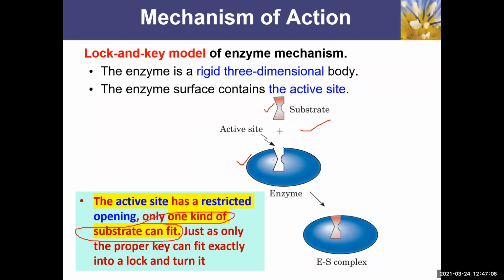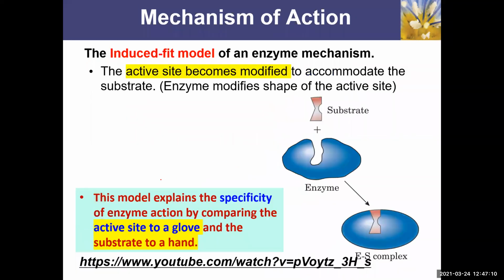Later this was explained by the induced fit model, given by a scientist known as Koshland. What did he say? He said that any conformational change which takes place in the active site of the enzyme depends upon the substrate as well.